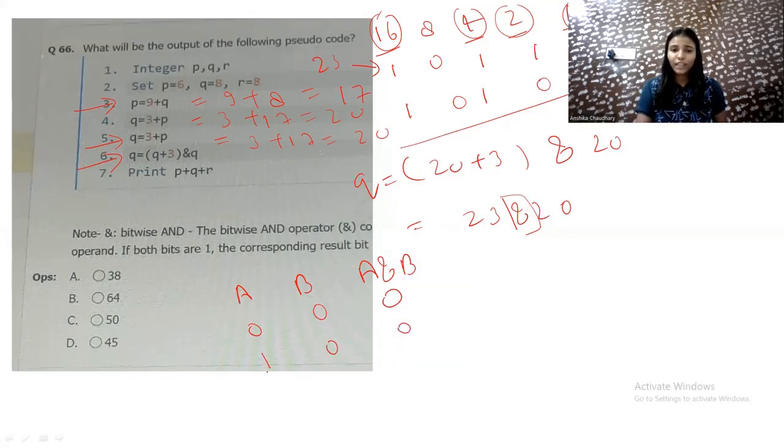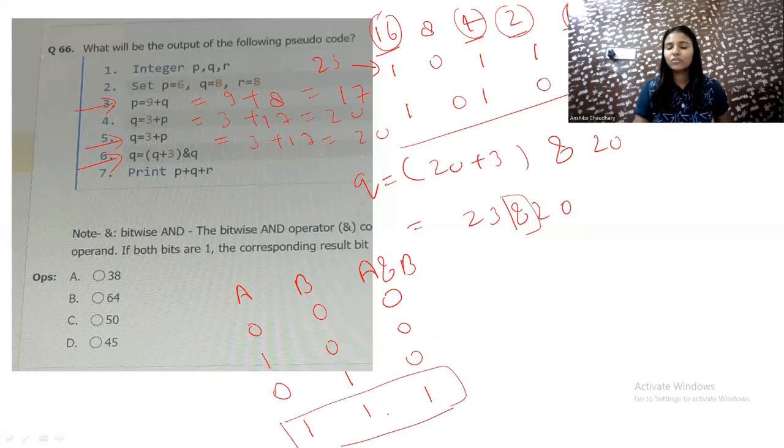Now if A is 0 and B is 1, this will again give 0. If both the values are 1, then only it will give 1. So how does it work?